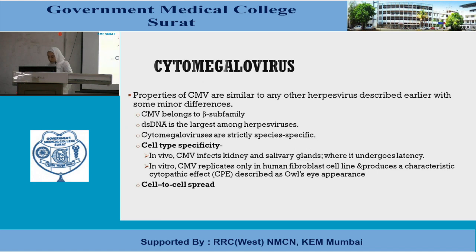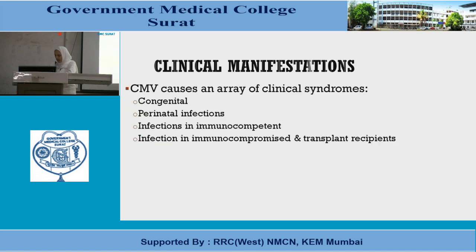They do have cell-to-cell spread. Clinically, they present with an array of clinical syndromes: congenital manifestation, prenatal infection, infection in immunocompetent, infection in immunocompromised, and, more common now, transplant recipients, because we have lots of transplants now.